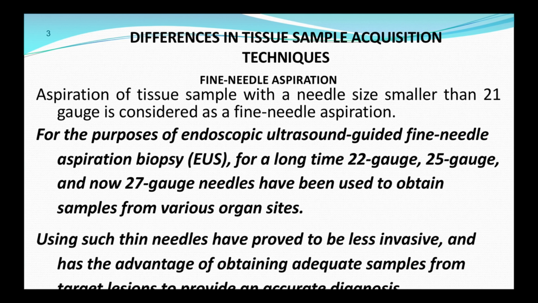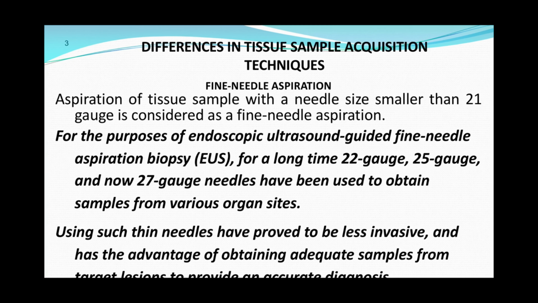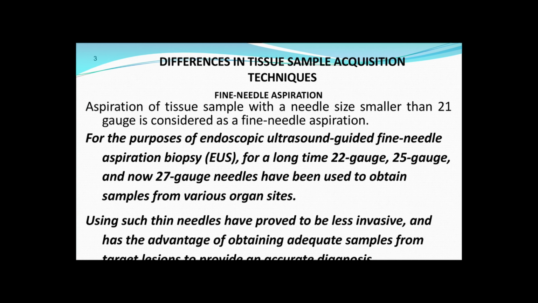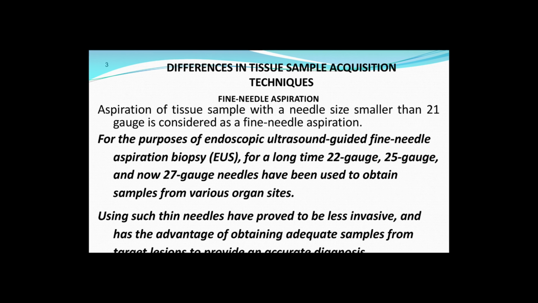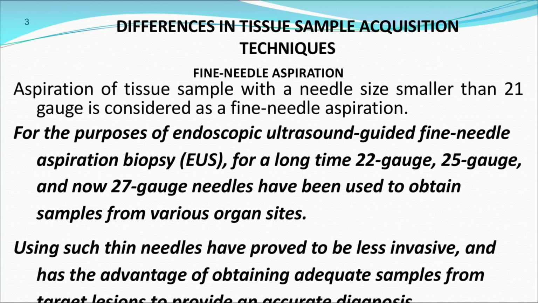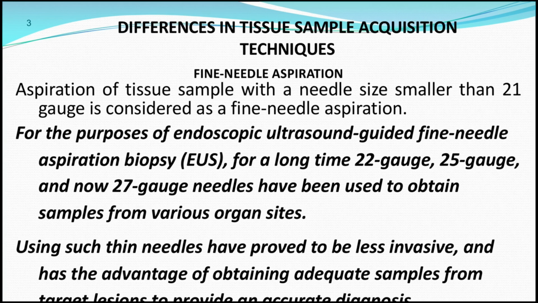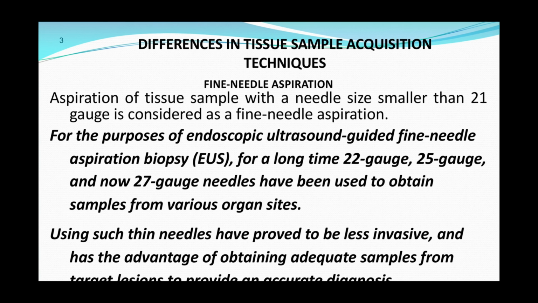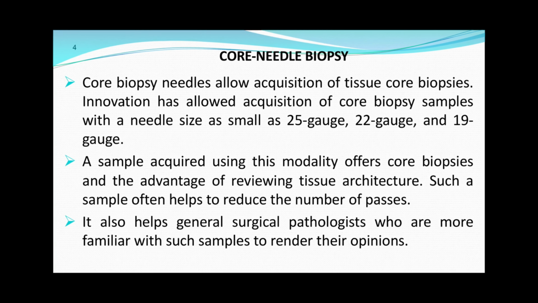For the purposes of endoscopic ultrasound-guided fine needle aspiration biopsy, for a long time 22 gauge or 25 gauge and now 27 gauge needles have been used to obtain samples from various organ sites. Also, using such thin needles has proven to be less invasive and has the advantage of obtaining adequate samples from target lesions to provide an accurate diagnosis.